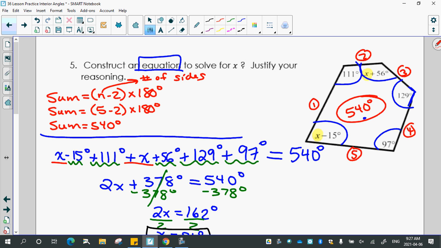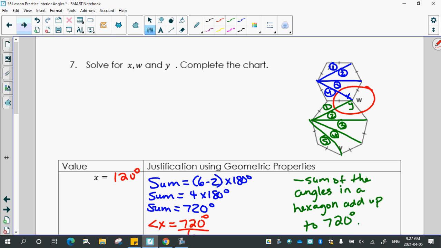Does that make sense? If you're drawing the picture, I wouldn't have even written the formula out. I would have just gone sum is 5 times 180 because there's 5 triangles. Okay, so that n minus 2 gives you the number of triangles by taking the number of sides and subtracting 2. That's how you get the number of triangles. Okay?